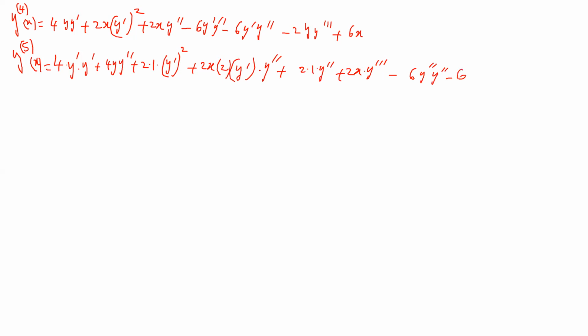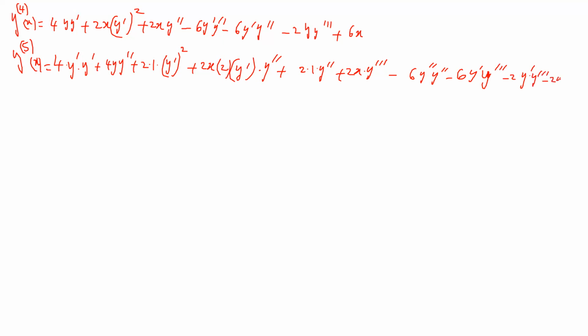But there's a minus 6 we must add. So we have minus 6y', and then we find the derivative of the y'', it becomes y'''. Minus 2, the derivative of the y is y', the first y, and then we have y'''.